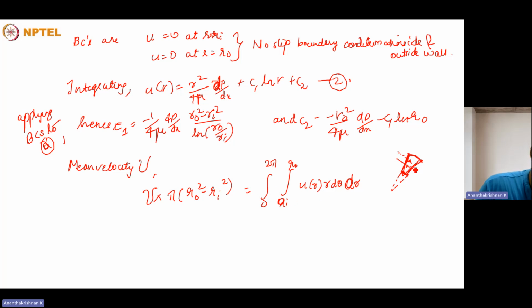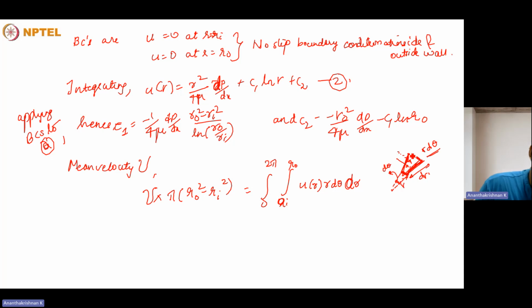So this area you could represent by the variation in this direction equal to dr, and you can assume this to be a square, and dr is very small such that this section will be equal to this section. The inner radius is r, and the variation with respect to theta is d theta.